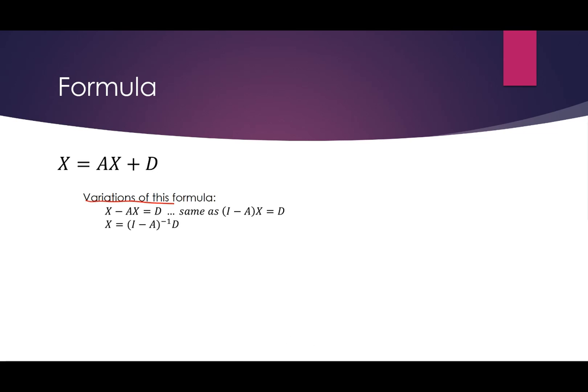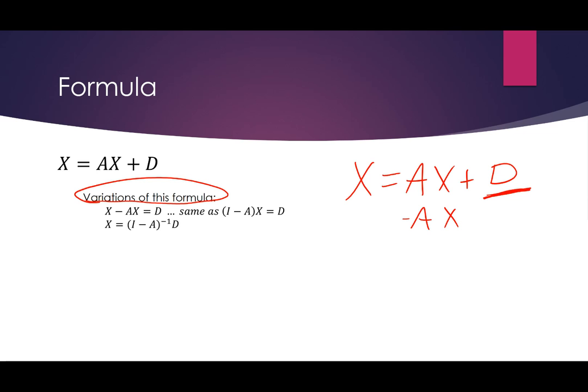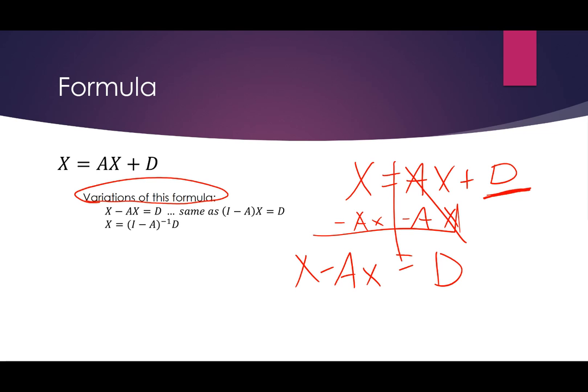But what's important is that there's variations of this formula. They're outlined here, but let me explain where they come from. So X equals AX plus D. Let's say I wanted to have D all by itself. Well, then I would subtract AX on both sides, and I would have that cancel out, and I would have D equal to X minus AX, which, because X is in both of these, is the same as X times (1 minus A), where 1 is the same thing as the matrix I. So that is one of those formulas.